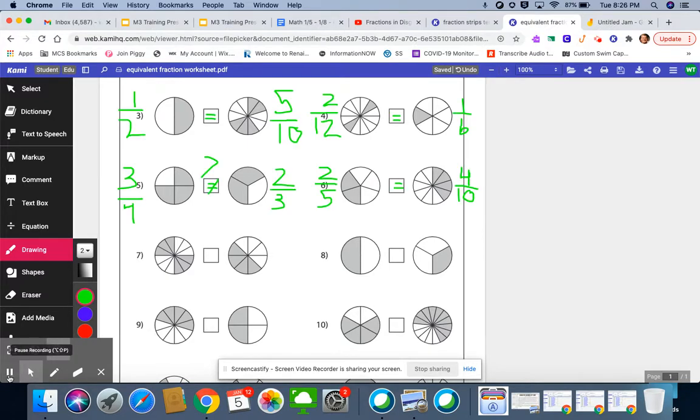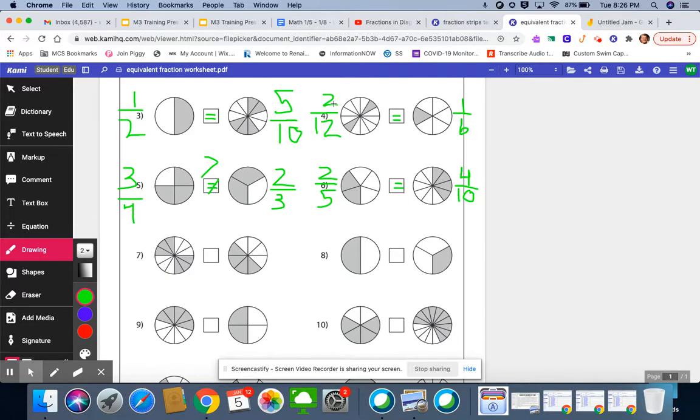Okay, so obviously two of these have fractions that we could use our slips for, numbers 3 and 5. So number 3, a half is equal to 5/10. And the way that I know that that's equal is because 1 is half of 2 and 5 is half of 10. So that's an easy way to do it, but also if you see those, they're the same.